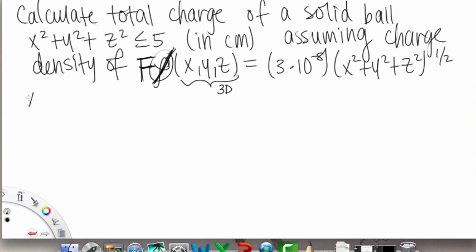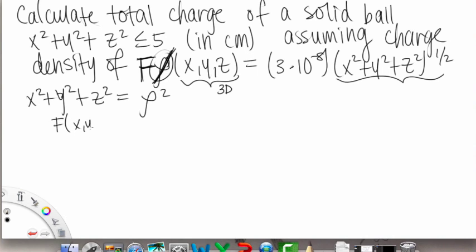So remember how I said there's a relation between this expression and rho squared? So already we can see that we can plug in rho squared here. So f of x, y, z equals 3 times 10 to the negative 8.